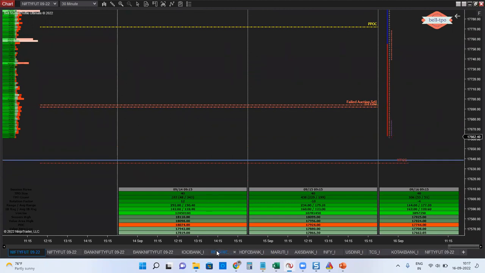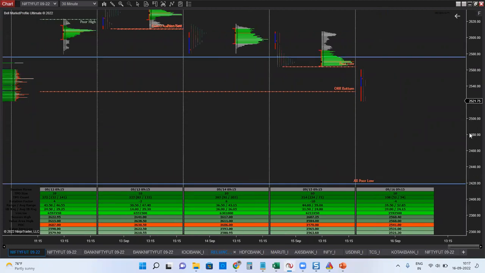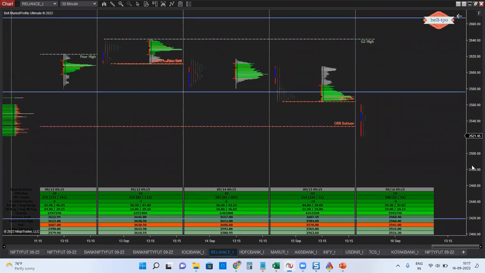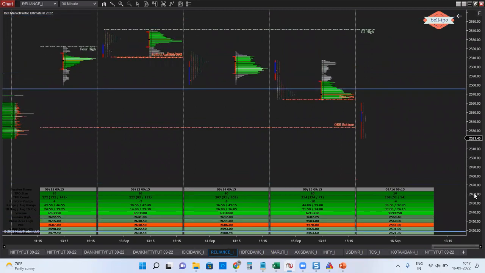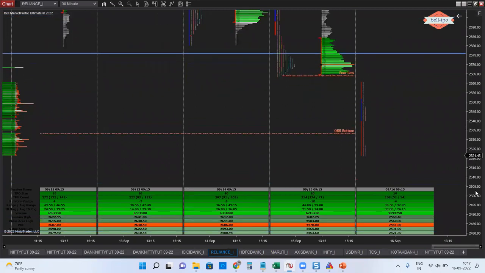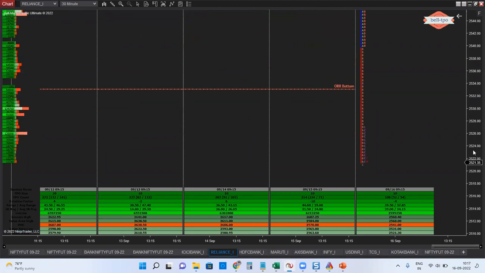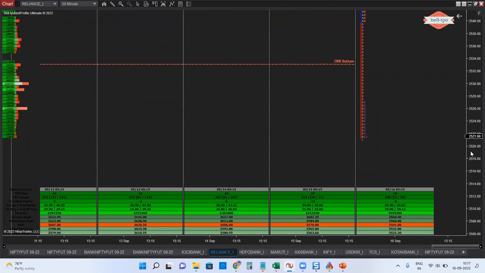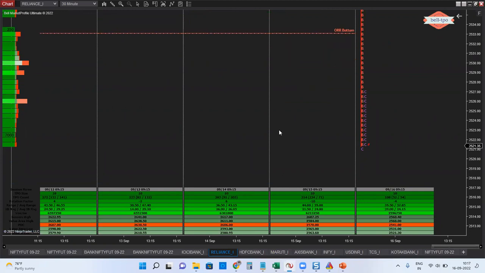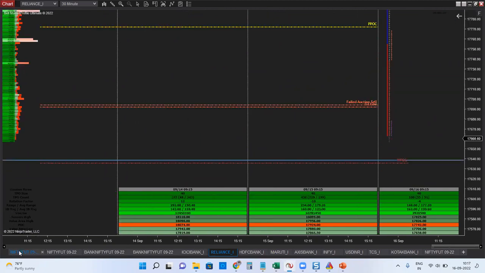I think most likely Reliance. Reliance is still coming down very slowly, but it has been coming down, which is putting more downside pressure on Nifty as well.